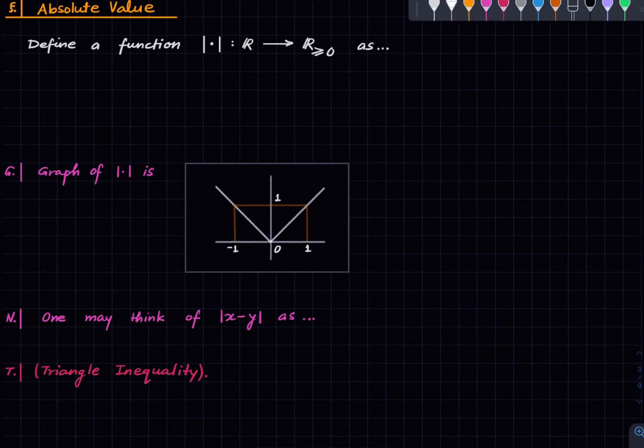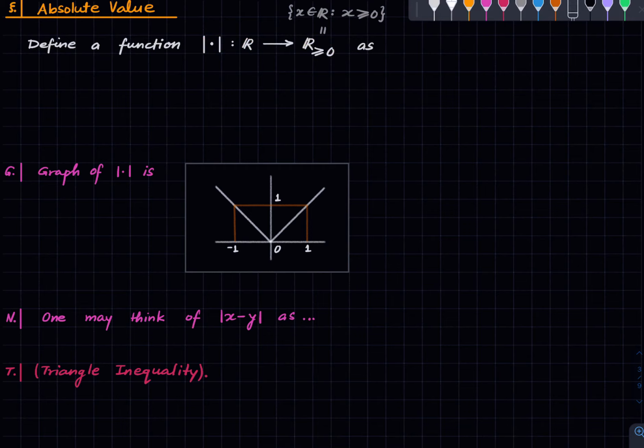So first we will discuss what are absolute values. This is something that we know from high school, but no harm in revising. So we define a function, which we denote this way, which consumes a real number and outputs a non-negative real. So this notation is all those real numbers which are non-negative. Okay? So this function has all the reals as its domain and all the non-negative reals as its target.